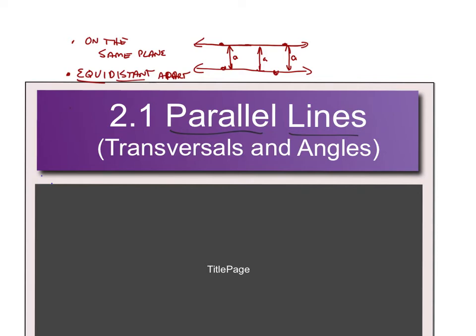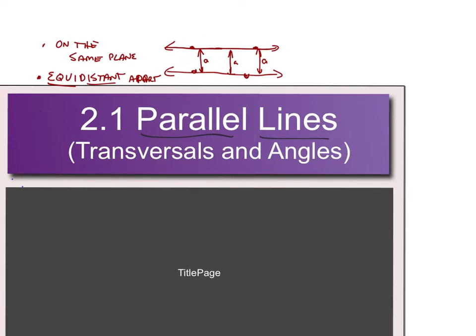Well, technically, to a point, yes, but being on the same plane is very important. If I have two planes and I have a line on this plane and a line on this plane, those two lines will never touch, but they are not parallel.